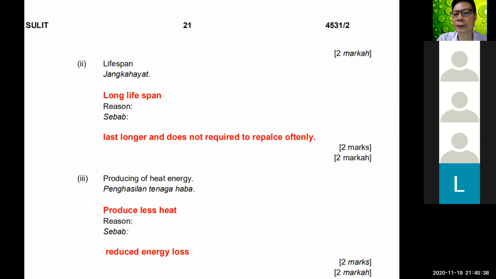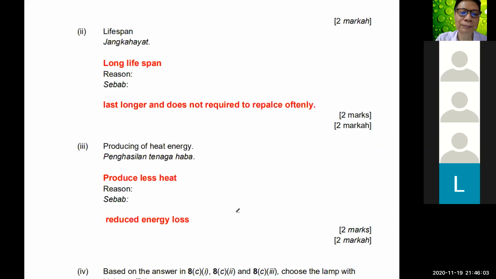And last, you choose which one you want. Yuan says, can I write to increase efficiency? For which one, Yuan? The last one? Yes, the last one, can.